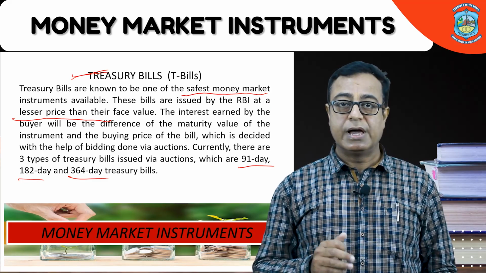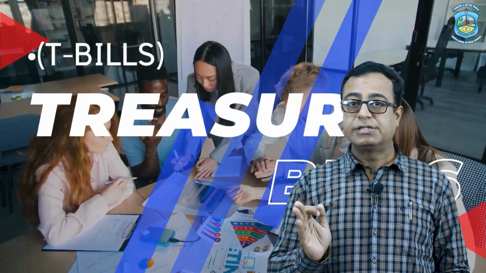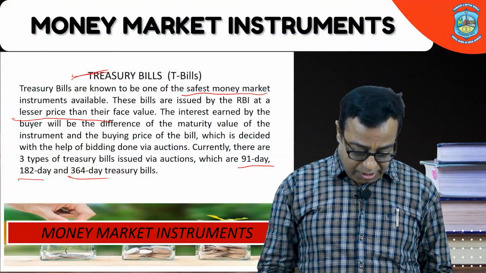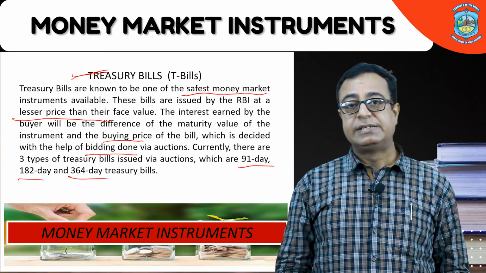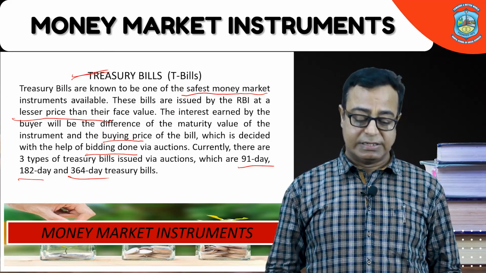It is also known as zero coupon bond because they have no interest, but interest is payable in form of the difference between the buying price and the holding price. It is treasury bills and in short form it is known as T-bills.